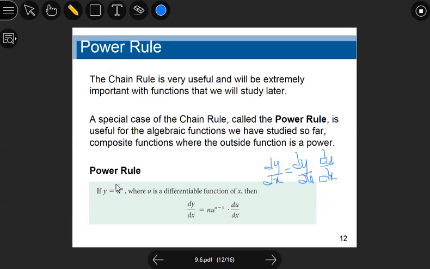So our y is this term. By taking dy/du, it becomes n times u to the power n minus 1, and then du/dx comes from here. So actually this is derived from the chain rule. The power rule is also another step of the chain rule. Especially when we are given some higher power or some square roots, we can use the power rule to find the derivative of such terms.